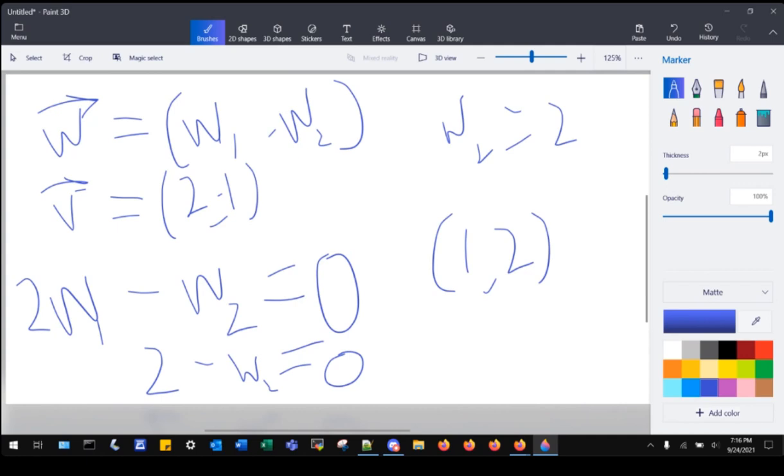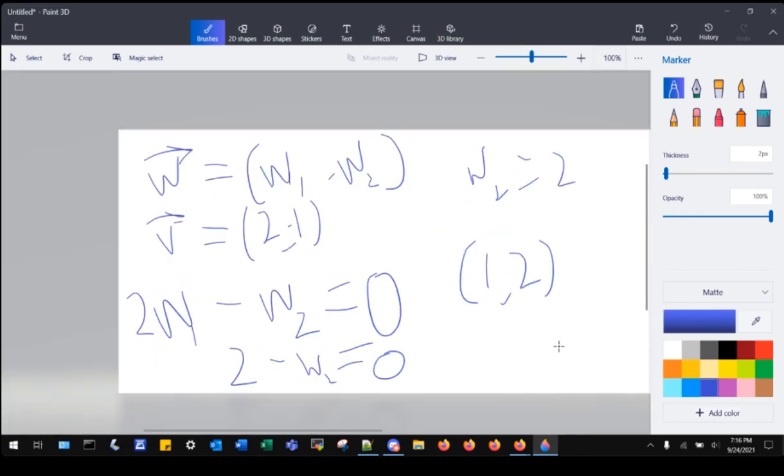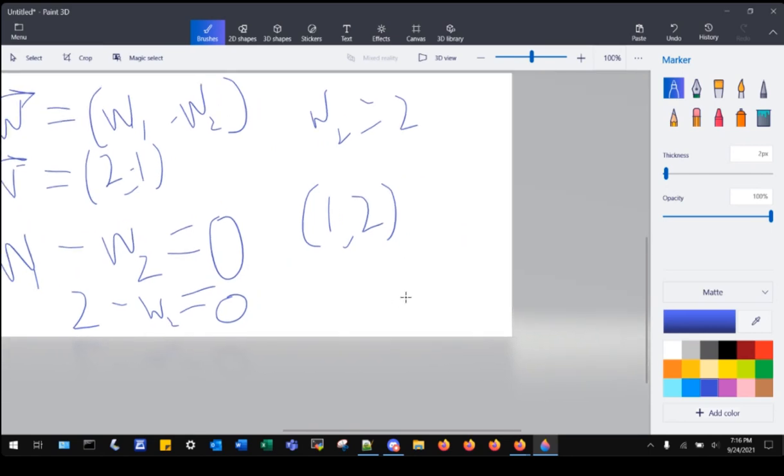So now to find the set of all vectors, we want to write this in set builder notation. This can be written as the set of all vectors C times the ordered pair 1, 2, where C belongs to the set of real numbers.